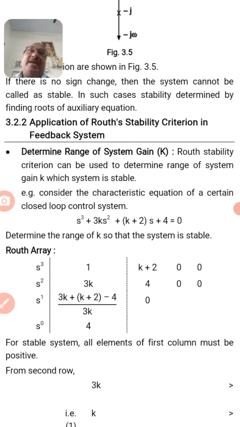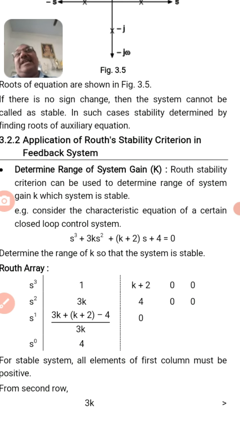And if I don't have its coefficients or actual values, then we can design a system. That means we can go in the reverse way. If I place a characteristic equation that I want to physically implement in the closed loop system, or to decide the gain of the system, I can use this Routh-Hurwitz criteria.